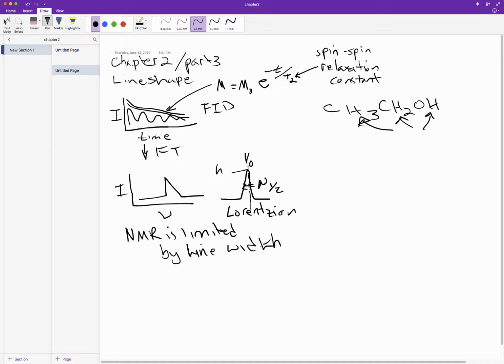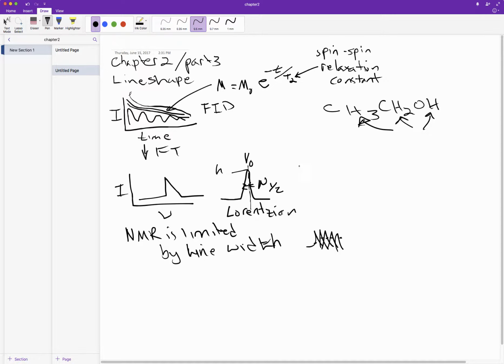Because if you have a whole bunch of protons and they're all stacking on top of each other, it gets hard to interpret stuff just because they have some finite width.